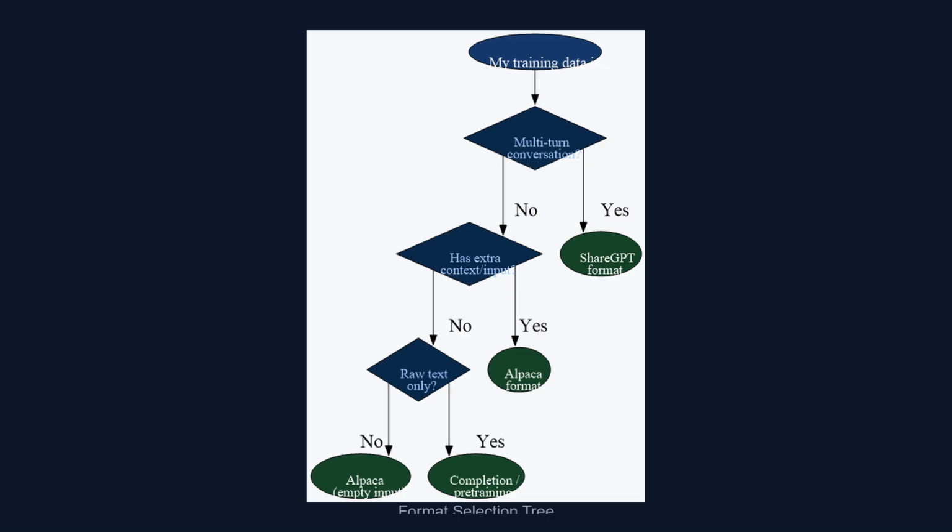If your data is purely task and response with no additional input, Alpaca format with the input field left empty. If your data is raw text with no task structure at all, completion format. Four questions, four outcomes. Run your training data through this tree before you write a single example, and you'll never have to backtrack and reformat your entire dataset because you chose the wrong structure at the start.